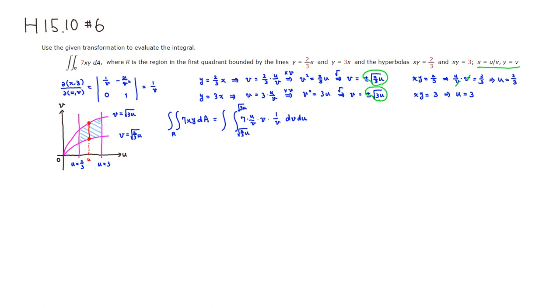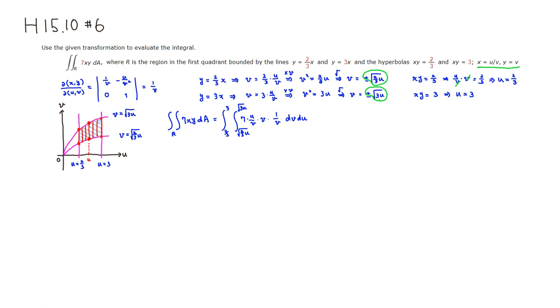Then to cover the entire region, you start from u equals 2/3, then increase the value of u, all the way to u equals 3. So we go from 2/3 here to 3.